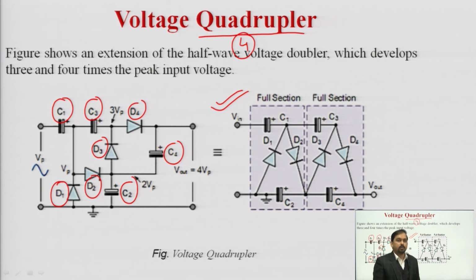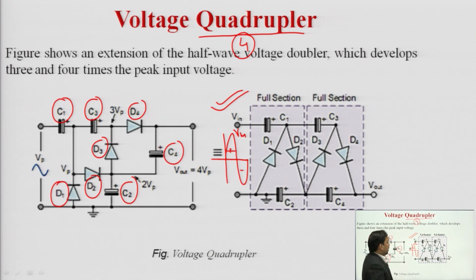So, we can say that we are applying a sinusoidal input in this manner, having a peak value of Vm. It is clear that during the first negative half cycle, diode D1 will be on. Means if we have positive at this particular terminal, diode D1 will be on, and accordingly this capacitor can be charged.